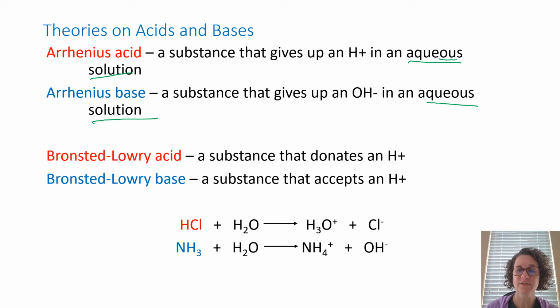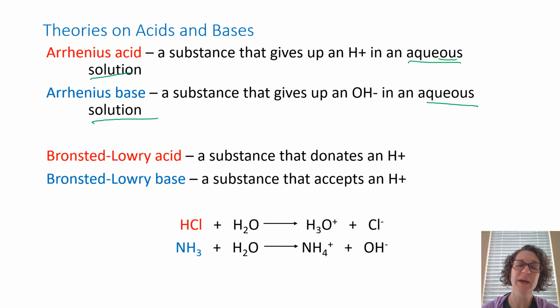Instead of dealing strictly with water, although again, that's not wrong, they said it's not just about the H or the OH, it's about where it is going. And specifically, they looked at the hydrogens. Bronsted and Lowry, 2 different guys who worked on this, said that an acid is any substance that donates a hydrogen. So if it gives up a hydrogen, very much like Arrhenius said, then it is an acid.